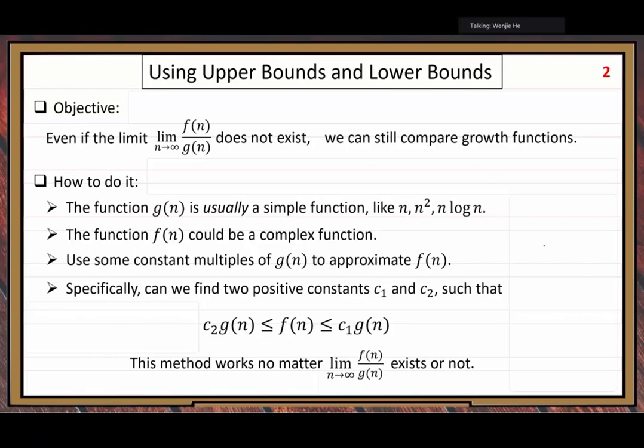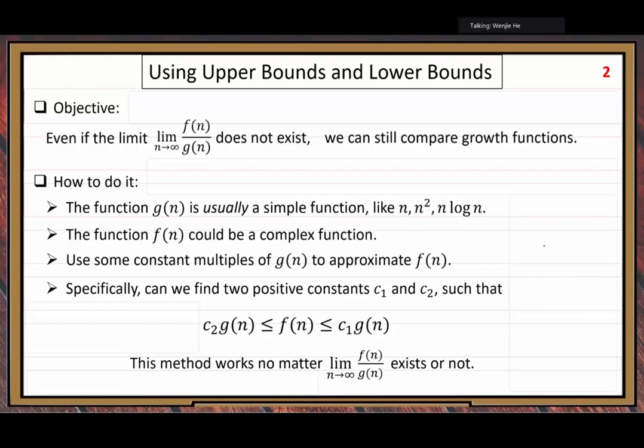Because you have the inequality, upper bound and lower bound, but the ratio of these two functions, when you take the limit as n goes to infinity, may not exist.